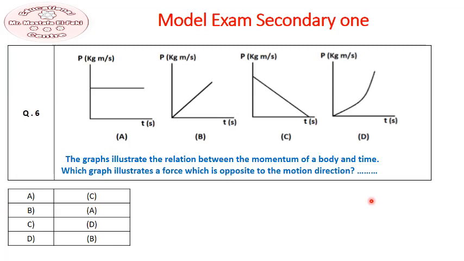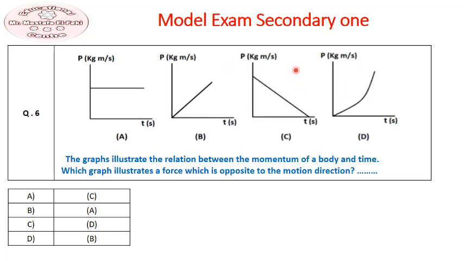Question 6. The graphs illustrate the relation between the momentum of a body and the time. Which graph illustrates the force which is opposite to the motion direction? The first graph means that the force is constant. The second graph means that the force acting on the object is a uniform, decreasing force, and the other is a non-uniform increasing force.